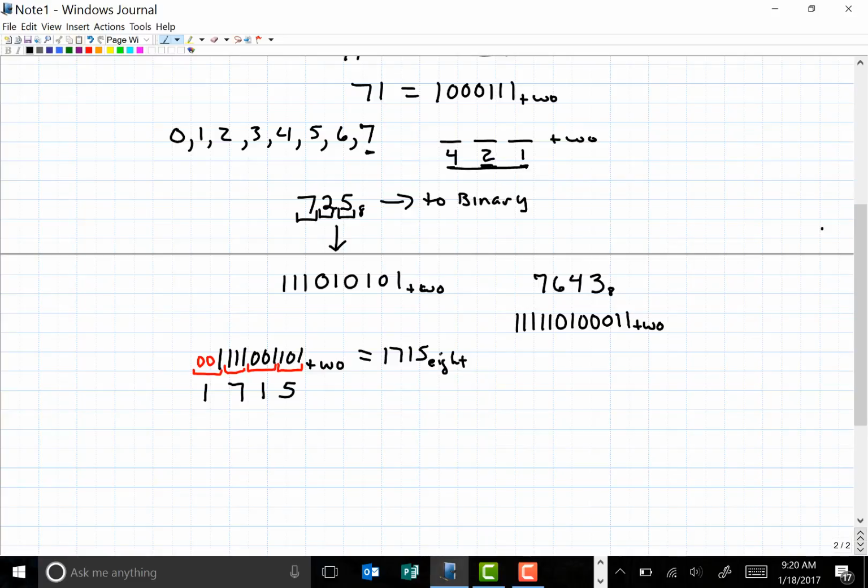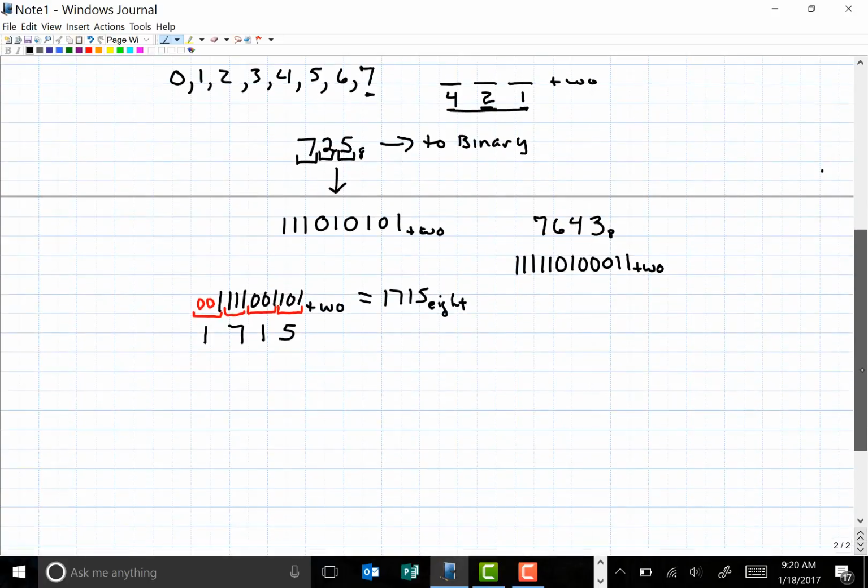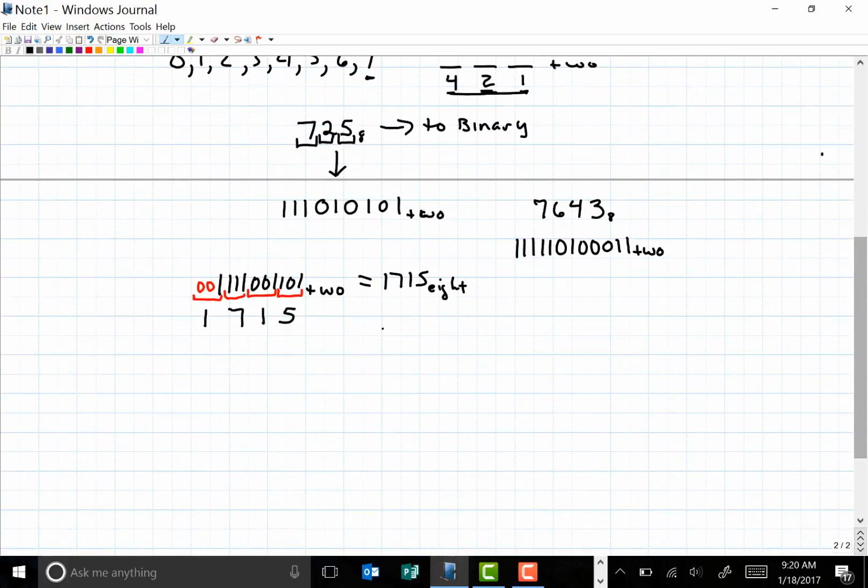All right, one more example of that, and then we'll move on to hexadecimal. So let's suppose I have 10 11 00 1 0 1, and this is a base 2 number, and again I want to convert it to base 8. So again, I'm going to just start grouping my digits in 3s.